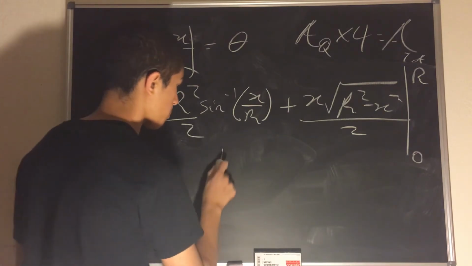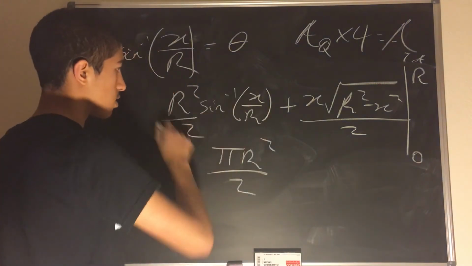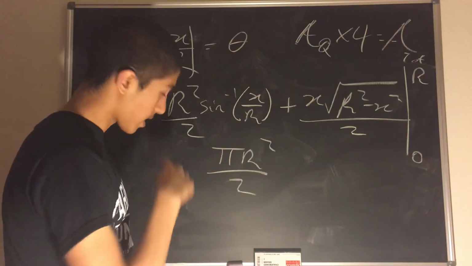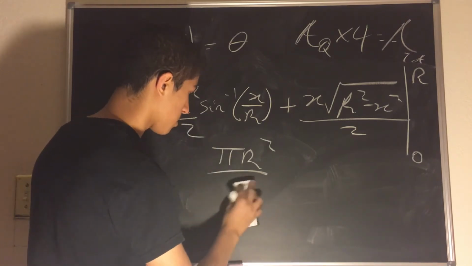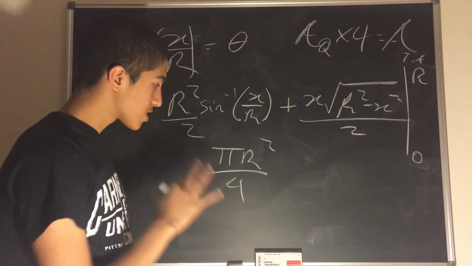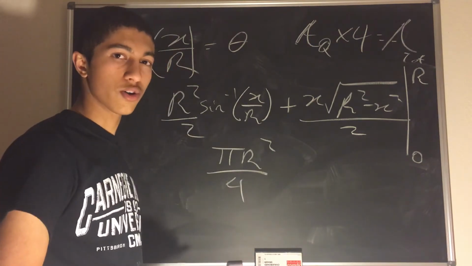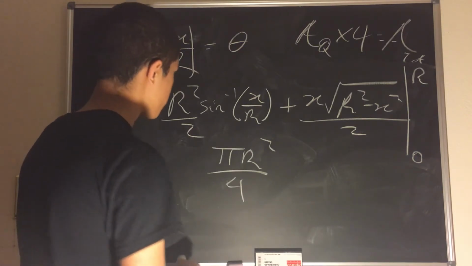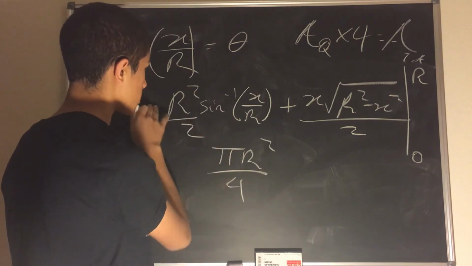So then we have pi r squared by 2 is this term. Oh wait, no. This is pi r squared by 4. My apologies. We're still getting pretty close to the area of a circle, which we all know is pi r squared. So now we have pi r squared by 4 because we took pi by 2 times r squared by 2.